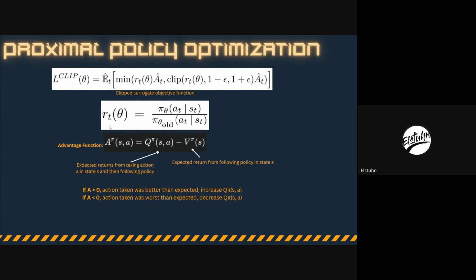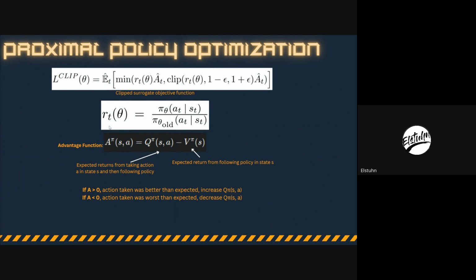And then your advantage function, obviously you can see here that your ratio is multiplied with an advantage function. So what an advantage function is essentially: Q(S,A) is your expected reward from taking an action A in state S, and then you continue following that policy to make further actions.